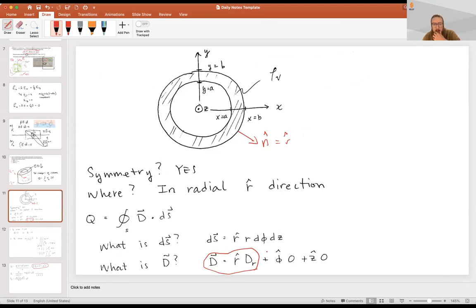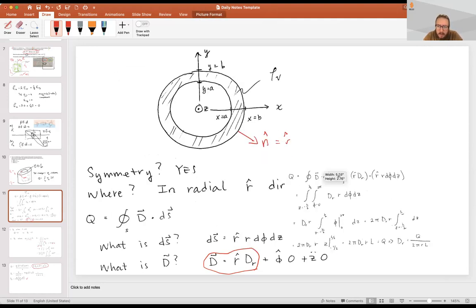I'm not sure if I included that here, but that's this part. Sorry, I think I might have skipped showing you that step when I was walking through it.